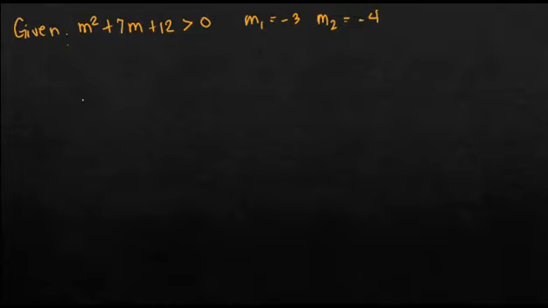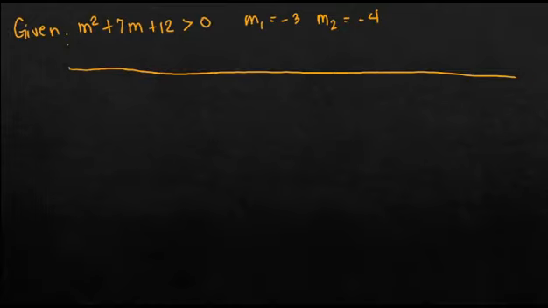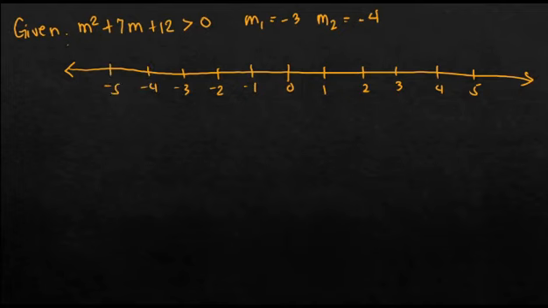And then let's create a number line. I know everyone is already familiar with the number line. So we have here 0, 1, 2, 3, 4, and 5. And to the other side, we have negative 1, negative 2, negative 3, negative 4, and negative 5.